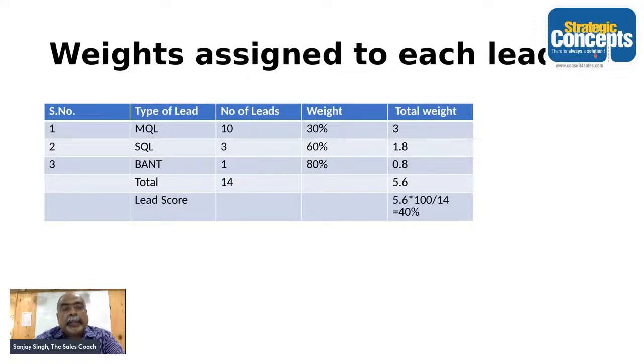So, in this particular case, I have assigned weights of 30, 60, and 80% respectively to MQL, SQL, and BAND. Now, my repository had 10, 3, and 1, so a total of 14 leads. By the time I apply the weight, I get this total weight. When I multiply it by 100 and divide it by the total number of leads, I get a lead score of 40%.